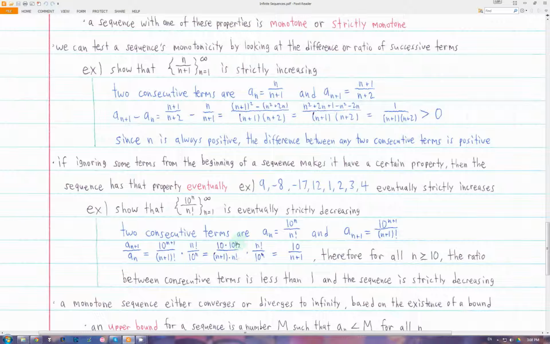So that allows us to cancel out some terms in this ratio, leaving 10 over n plus 1. And so we know that if the ratio between two consecutive terms is less than 1, the sequence is decreasing. So we see that from n equals 10 and beyond, the ratio is always less than 1. So after n equals 10, the sequence is decreasing. So this is an eventually decreasing sequence.